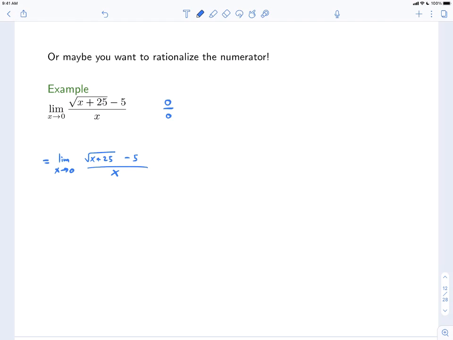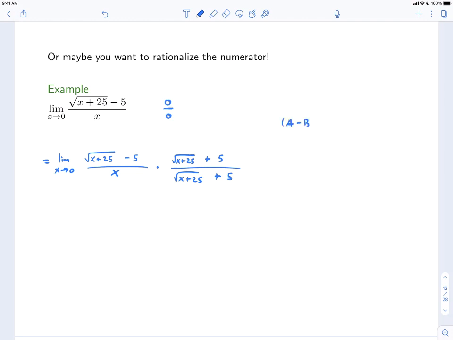So what that means is I'm going to multiply by something divided by itself. In this case, it's the square root of x plus 25, and now instead of minus 5, we add 5. But if you multiply the numerator, you also have to multiply the denominator. So the square root of x plus 25, and then plus 5. The whole point here, of course, is we want to set up an a minus b times an a plus b situation.